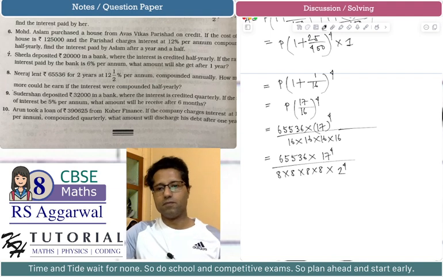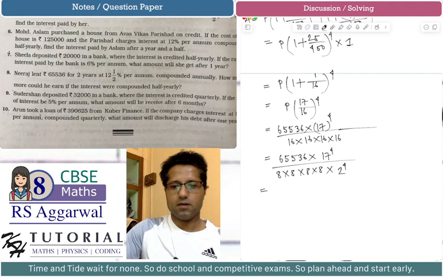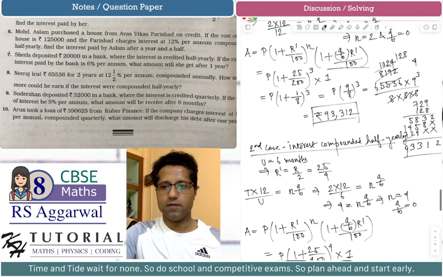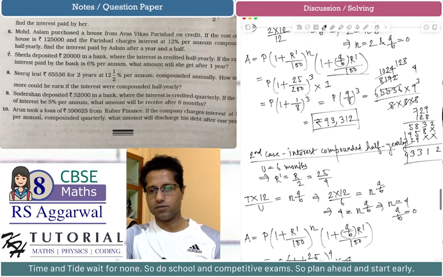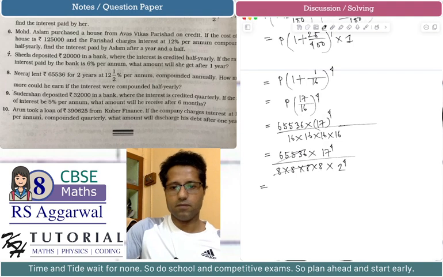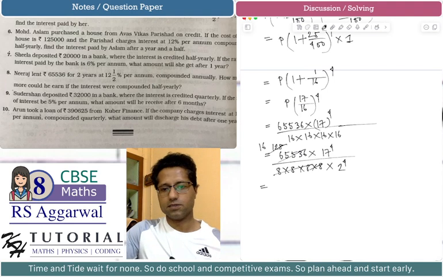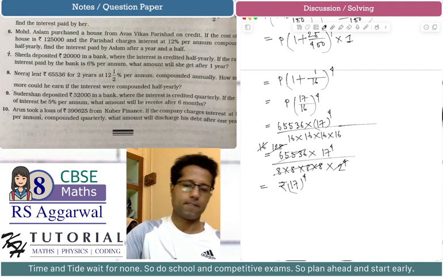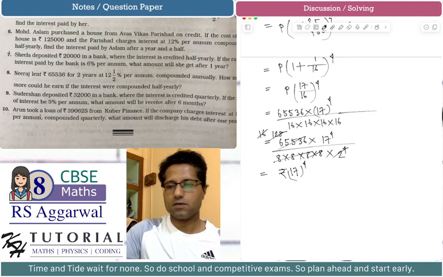Now, as per the previous calculation, 8 cubed was dividing 65,536 to give 128. So this will be 128, and again this 8 will divide it, and 2 to the power 4 is 16. So we have 17 to the power 4.